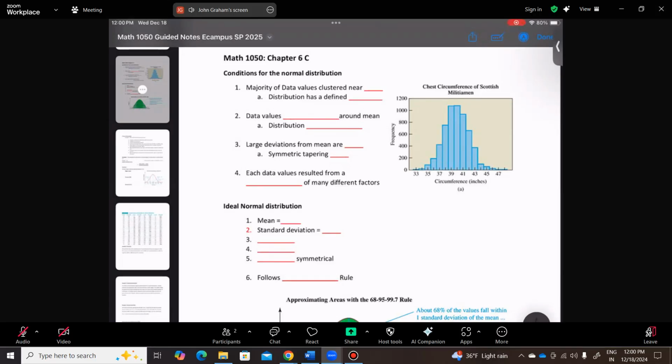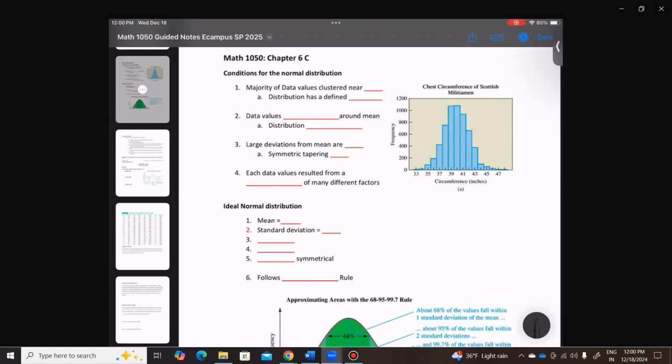So, conditions for the normal distribution. The majority of the data will be clustered around the mean, which is also going to be very close to the mode and the median. They're all going to be very close together, and it's going to be the central point hump of the data. And so it has a single peak.